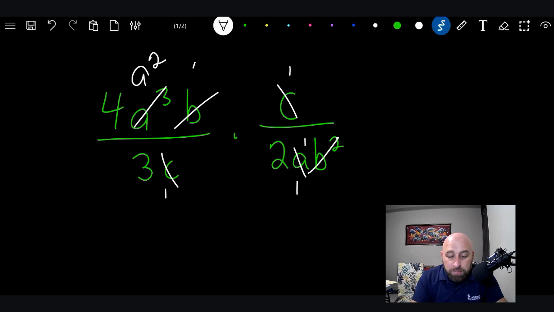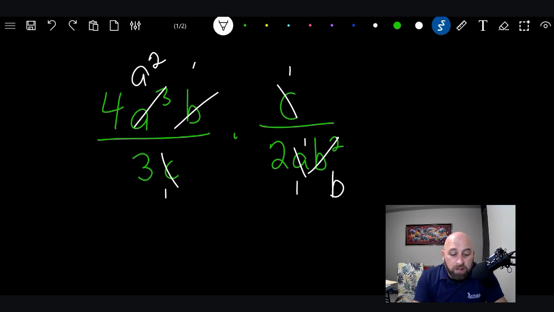And then this B squared would cancel to B, or B to the 1, because we're subtracting. That was a B to the 1, that was a B to the 2. And notice it stays in the denominator. Why? Because the B squared was bigger, so we kept it in the denominator. We've done this before. This is just a repeat of things that we've done. I'm not teaching anything new right here.